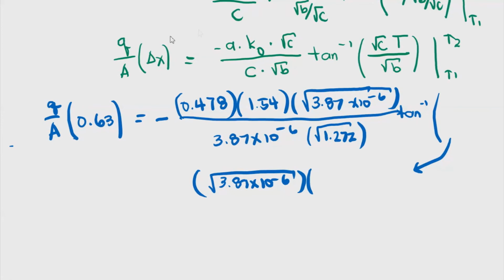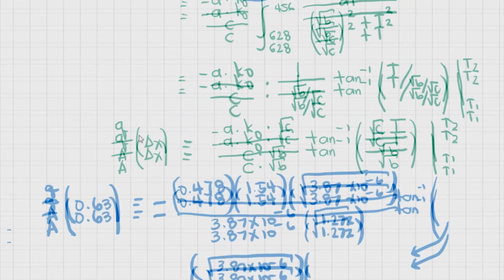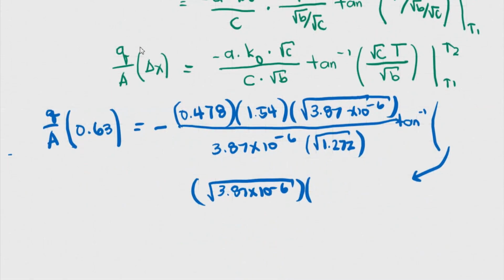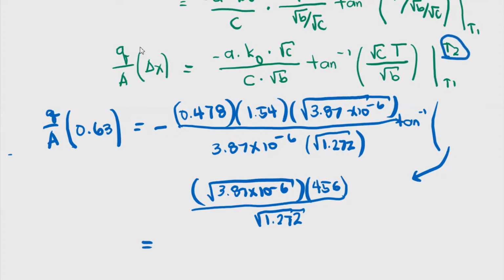So our lower temperature is 456 Kelvin naman to, since naka-Kelvin naman siya lahat, no? Then divided by the square root of 1.272. Okay? So, yun lang. I-calculate lang natin to. Then, makukuha natin is yung ating sagot kapag sinubstitute natin yung T2. Okay? So, meron pang isa.